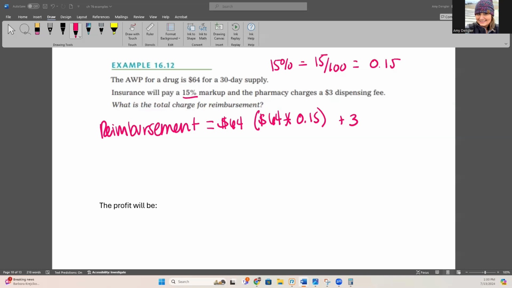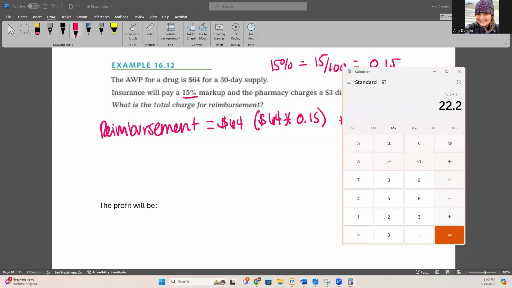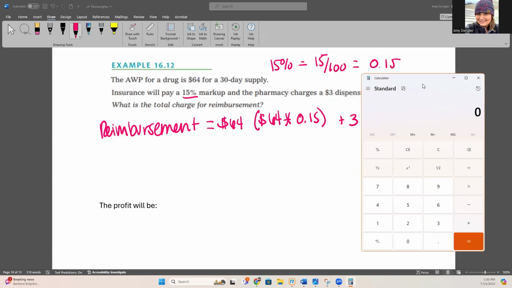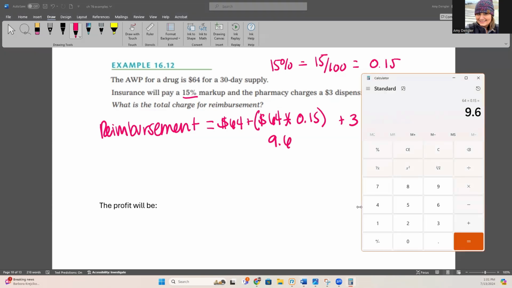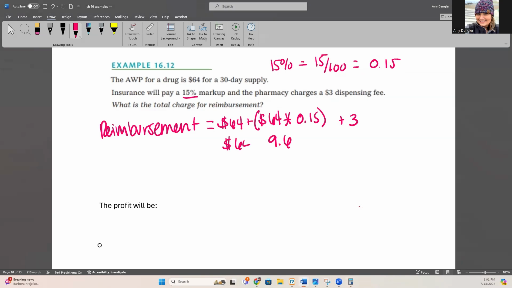All right, so if you remember order of operations from back in school, we need to take care of the multiplication first. So we're going to go 64 times 0.15, the multiplication in the parentheses. And that was 9.6, right? Okay. Then I'm just going to rewrite it for myself. So 64 plus 9.6 plus 3.